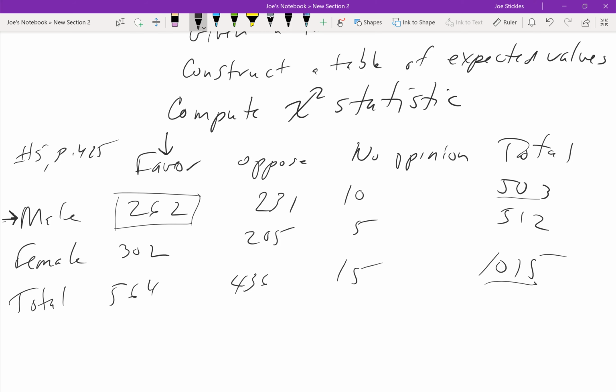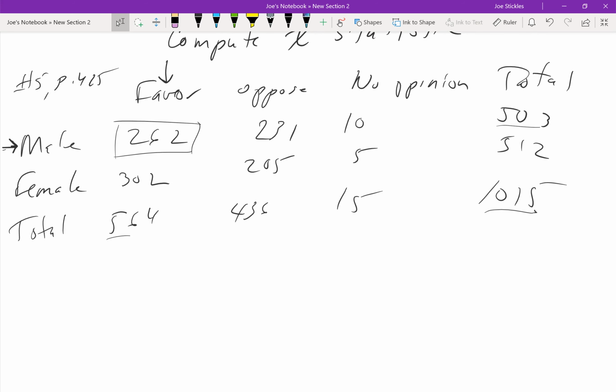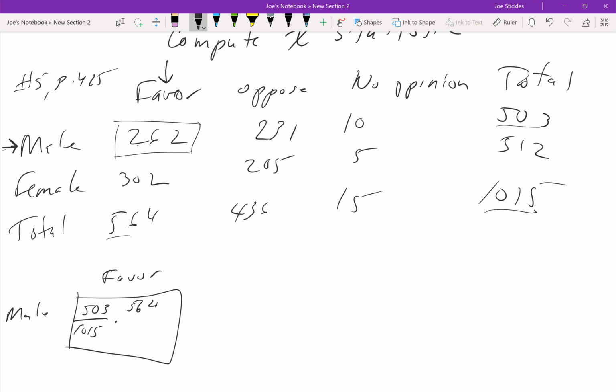And if this is my B, the probability that B happens is 564 over 1015. So when you do that expected table, if you have male and favor, this number here should be 503 over 1015 times 564 over 1015 times 1015.